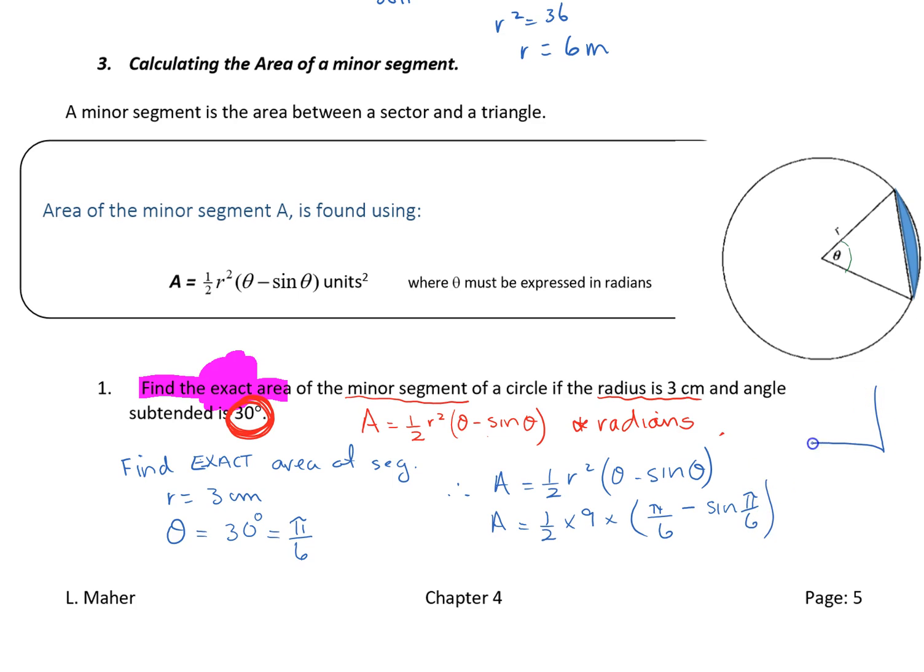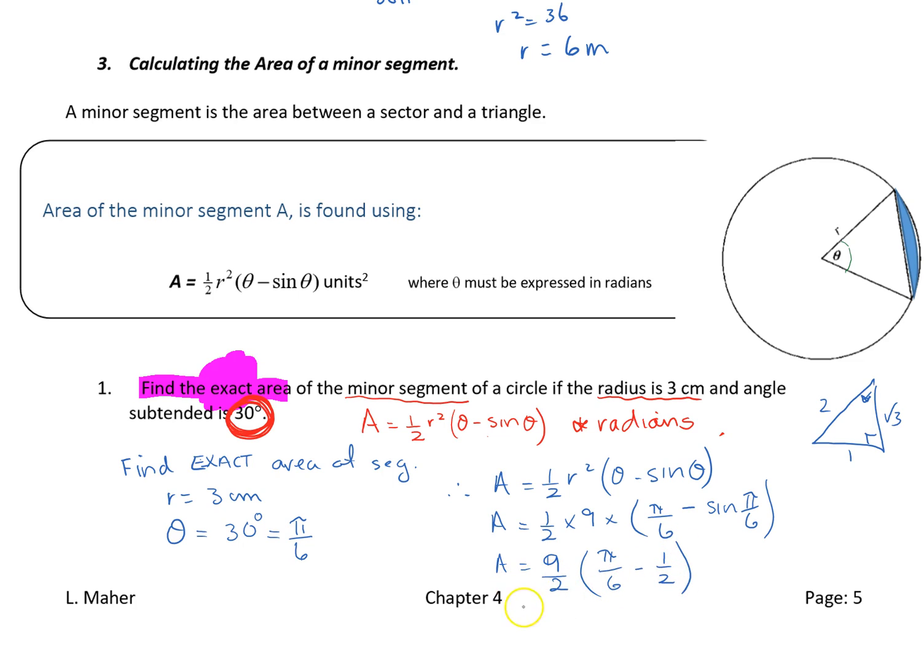Pi on 6 is 30 degrees. It's this angle. We've got our 1, 2, root 3, and sine of pi on 6 is a half. So we've got a half times 9. So you can call that 9 on 2 times pi on 6 minus a half.